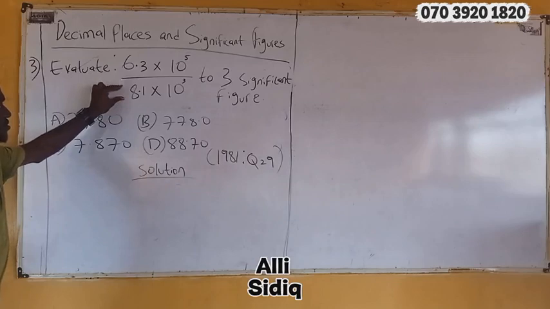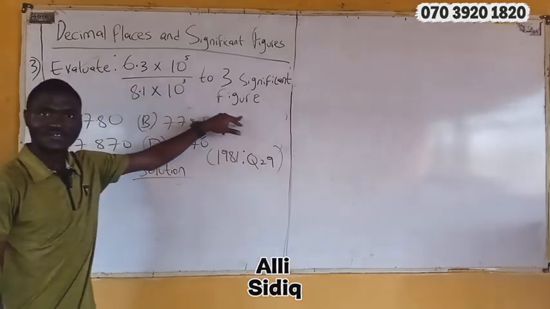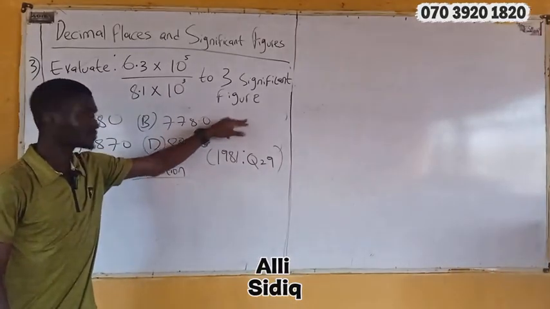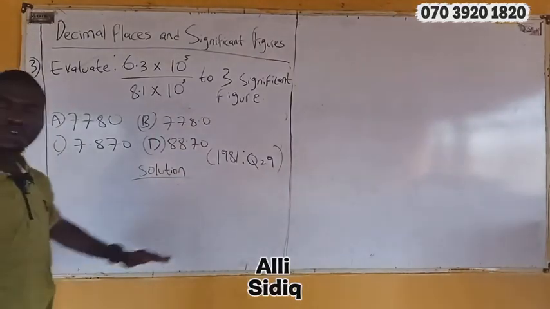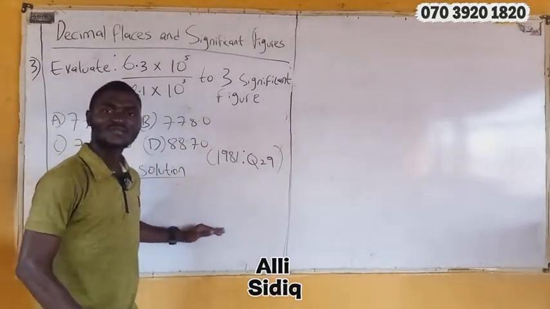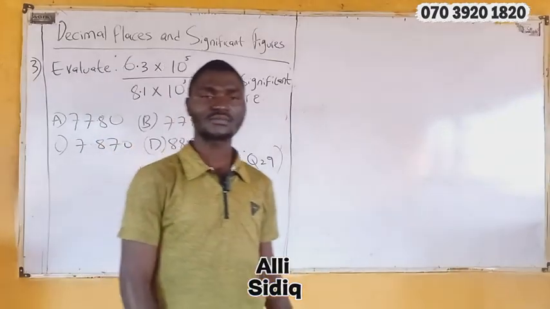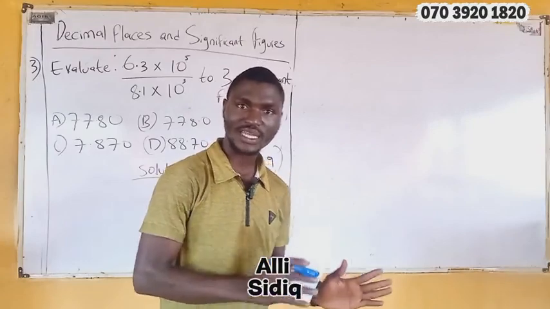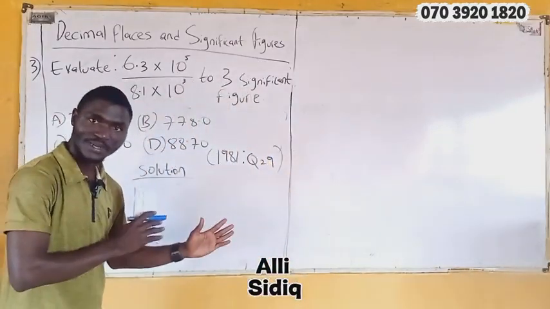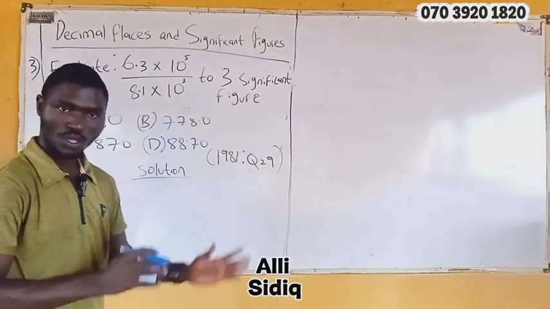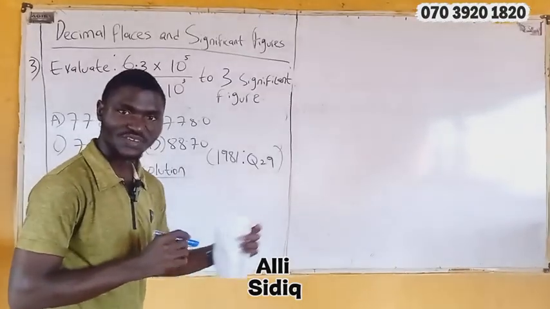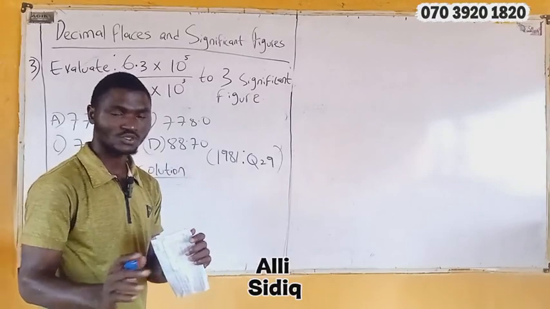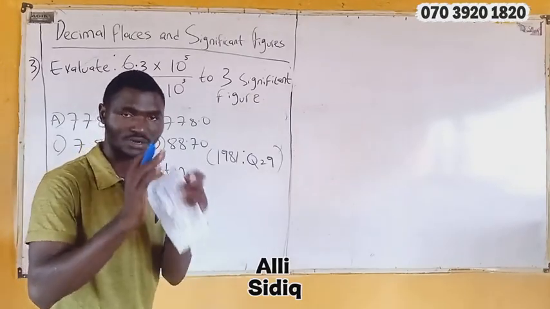Your answer, you will take it to 3 significant figure. But to solve this, it involves indices. I understand that we are on decimal place and significant figure, but let me just take you on a journey of indices. It's not hard. Just a brief explanation and you are going to grab it.